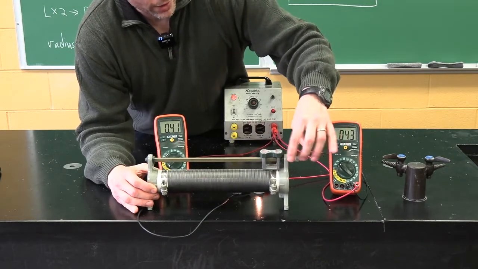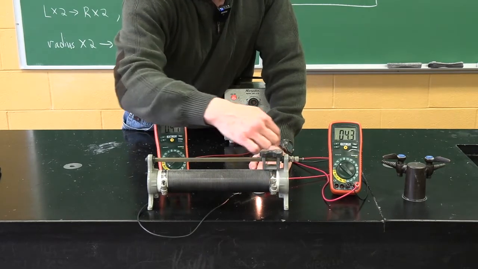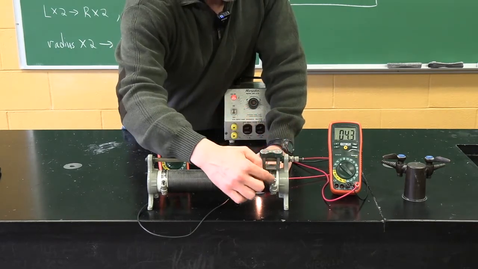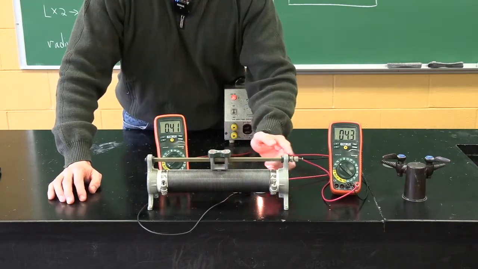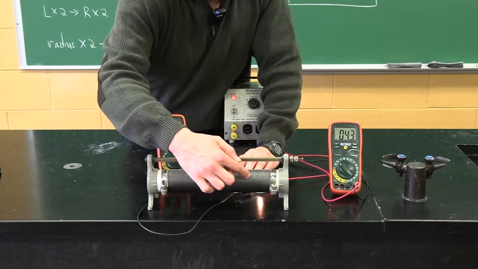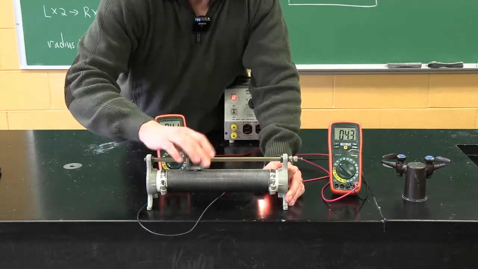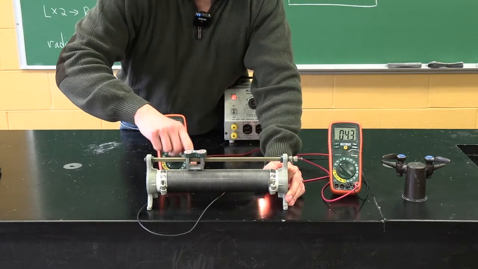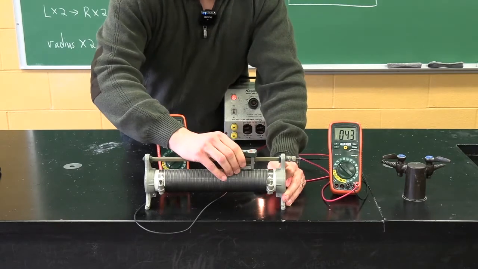If I hook wires here and here, there's very little resistance because the electricity can just go through this post down to this point right here. But if I go like this, the electricity now gets deposited at this contact and has to spiral through all this wire before completing the loop. So by sliding this, I force the electricity to go through more wire or less wire, more resistance, less resistance.